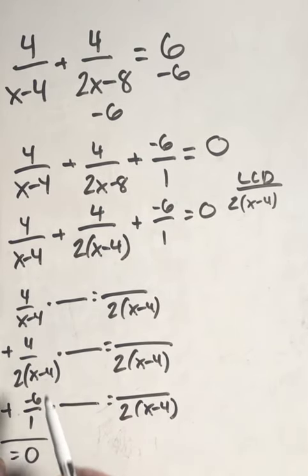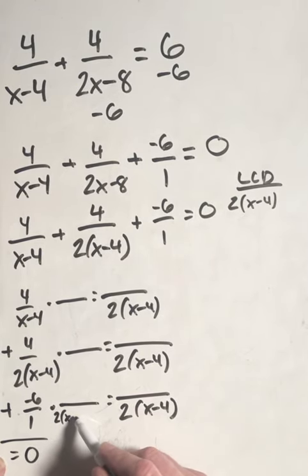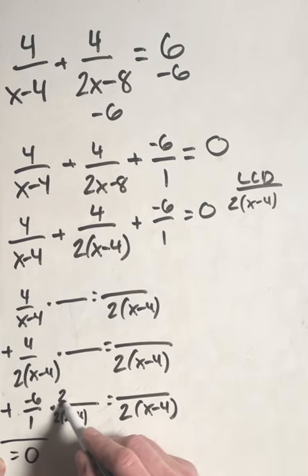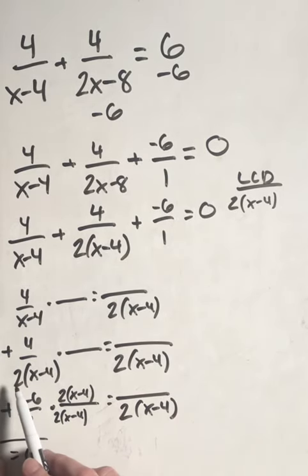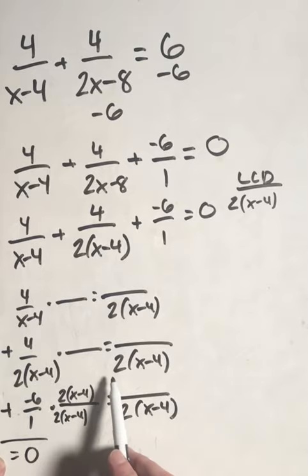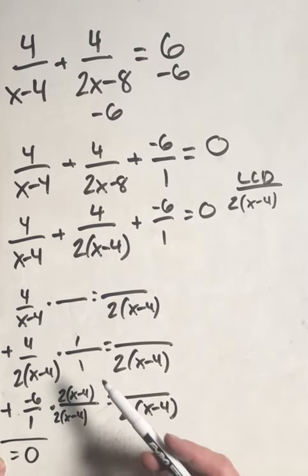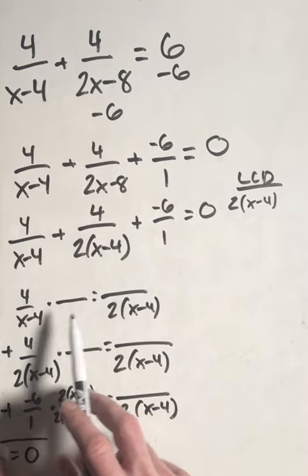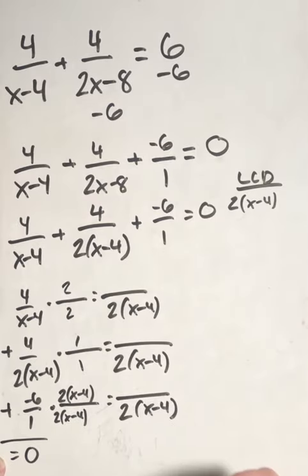So in order to get from 1 to 2 parentheses x minus 4, we need to multiply by 2 parentheses x minus 4, and that is going to be a repeated factor. To get from 2 parentheses x minus 4 to 2 parentheses x minus 4, we just needed to multiply by 1 over itself. To get from x minus 4 to 2 parentheses x minus 4, we have to multiply by 2. Now we'll go in and we'll re-express all of these numerators.